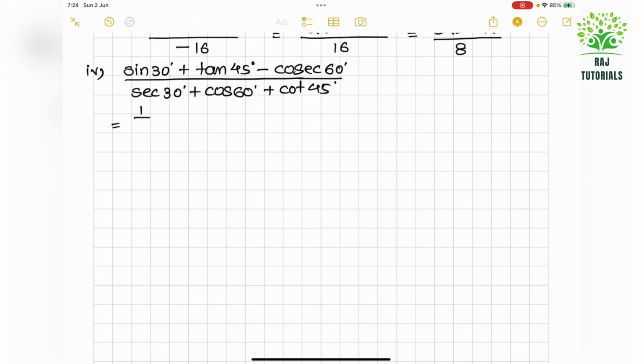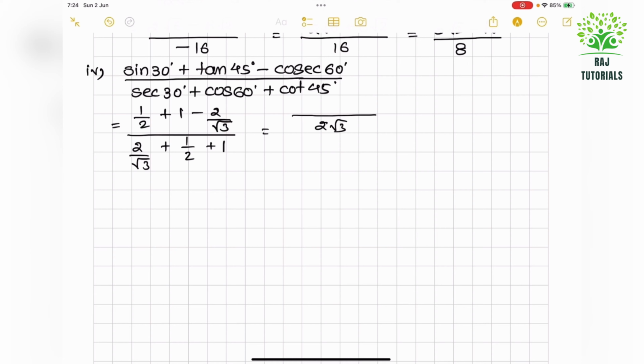So putting the values, 1 by 2 plus 1 minus 2 by root 3 upon 2 by root 3 plus 1 by 2 plus 1.